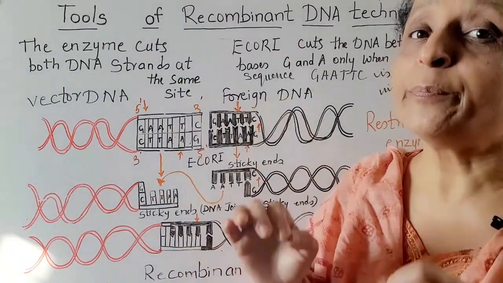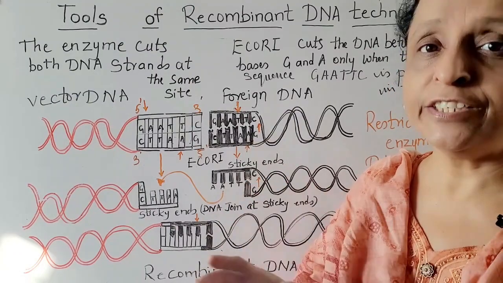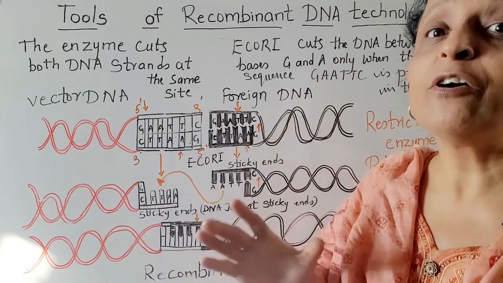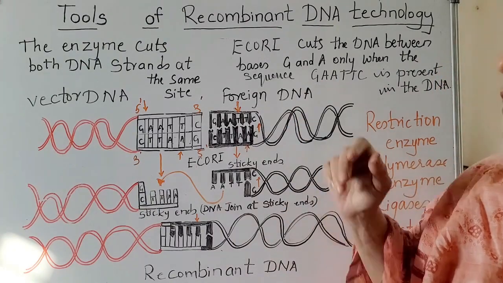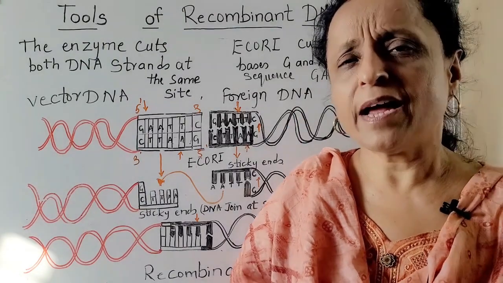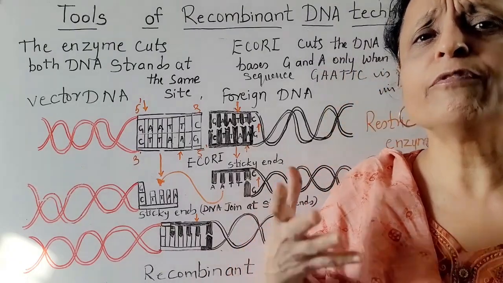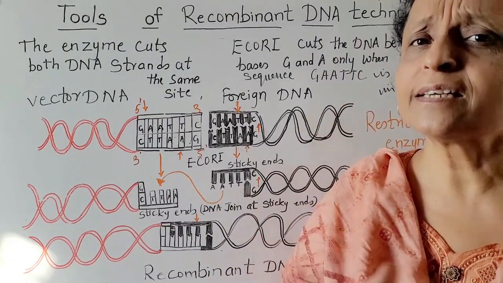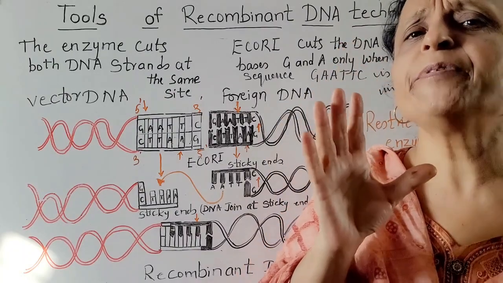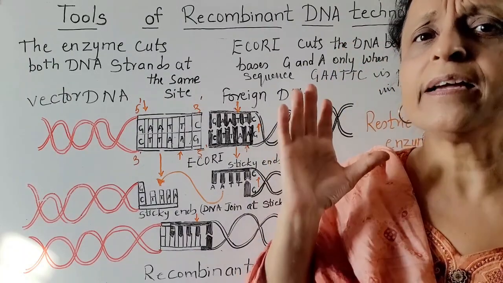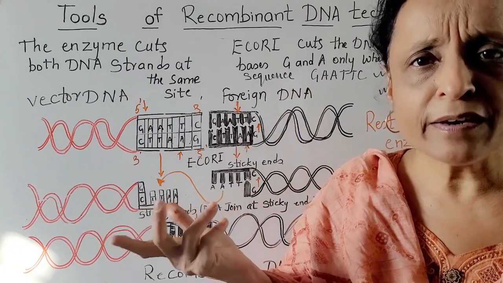All these are a must for genetic engineering, for the recombinant DNA to be formed. Now, restriction enzymes, scientists have been working on them. From where do they get these restriction enzymes? Now, the enzymes are catalysts. They work like catalysts because enzymes are catalysts.